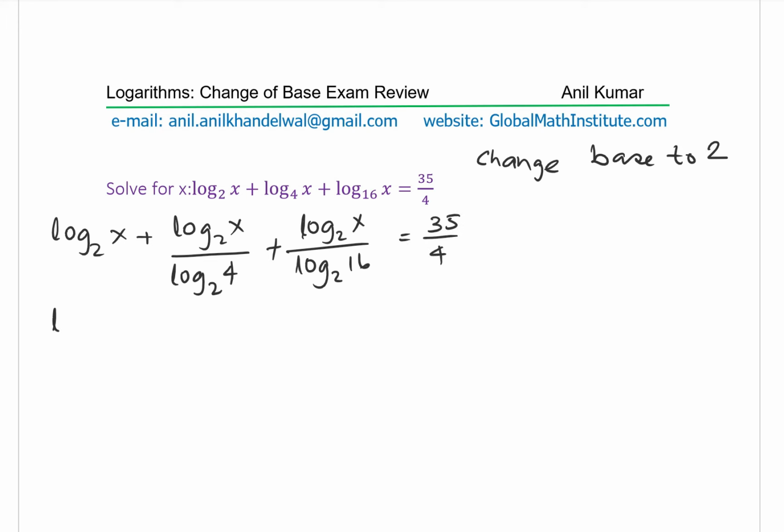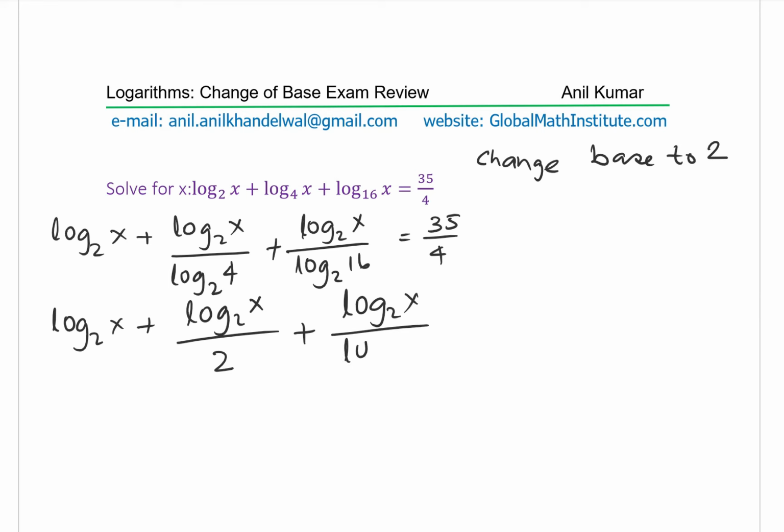So this could be written as log to the base 2 of x plus log to the base 2 of x, and the denominator is what? Log to the base 2 of 4. 4 is 2 squared, so it is 2. And here we get log to the base 2 of x divided by log to the base 2 of 16, which is 2 to the power of 4. So I could write this as 4, right? So this becomes 4, and that is equal to 35 over 4.